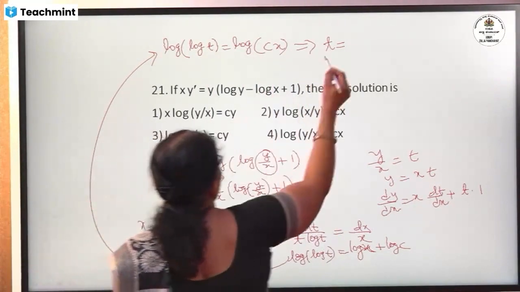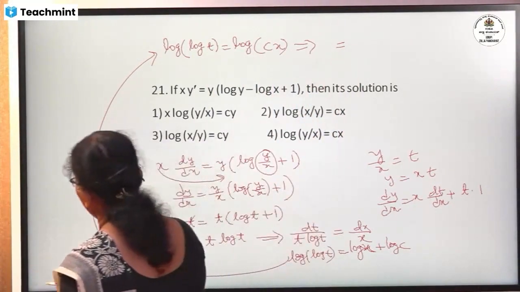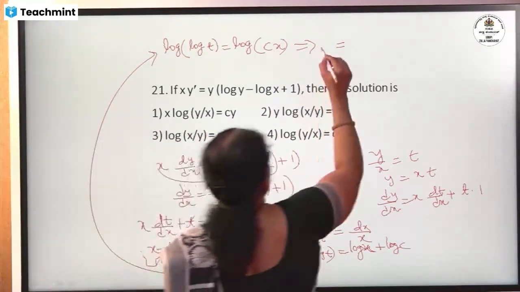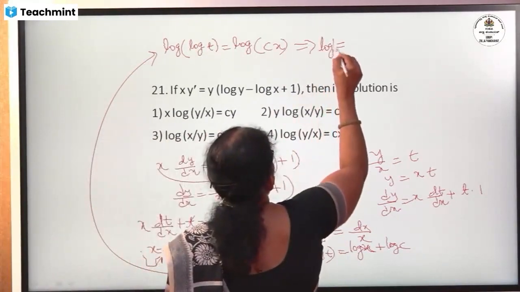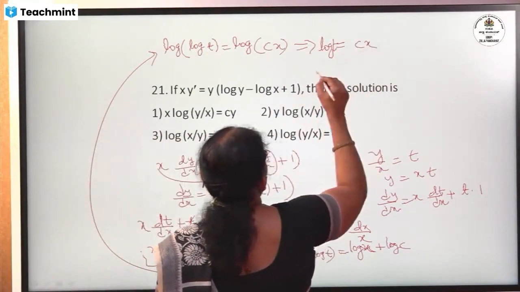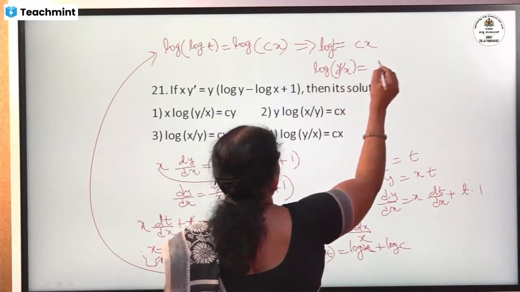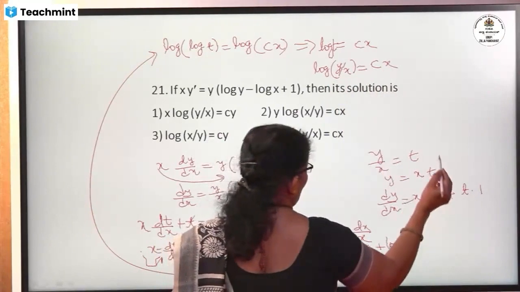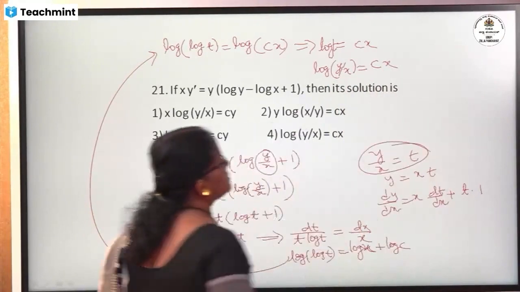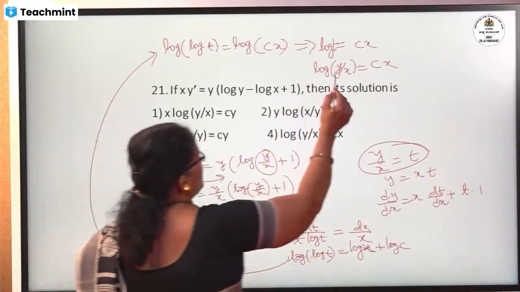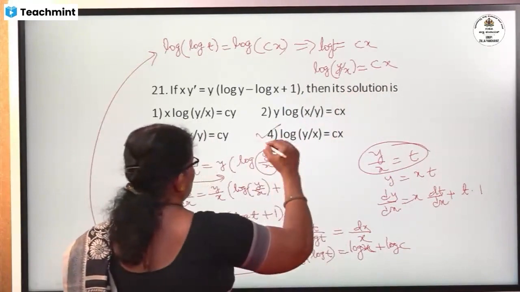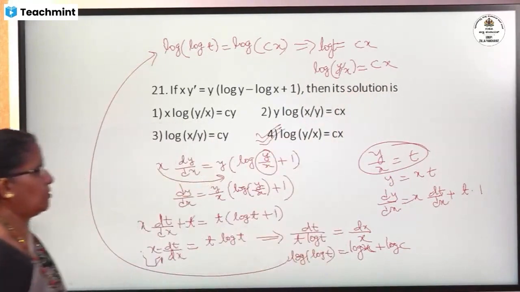Log t is equal to cx. But what is your t? What is your t? It is y by x. So what you get is log of y by x is equal to cx. That is this option.